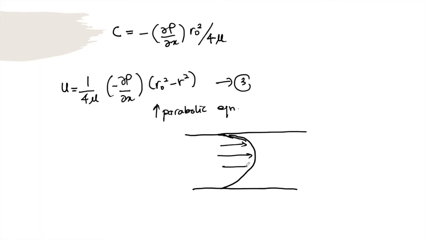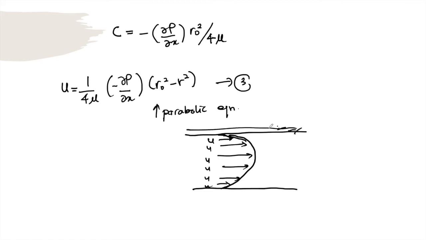Every one of these lines represents the velocity of the fluid particles. So velocity will form a parabolic shape in the pipes.